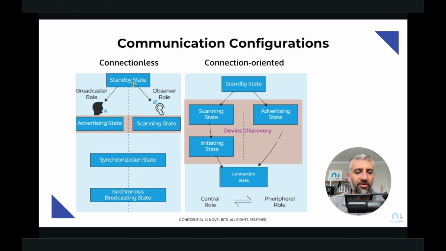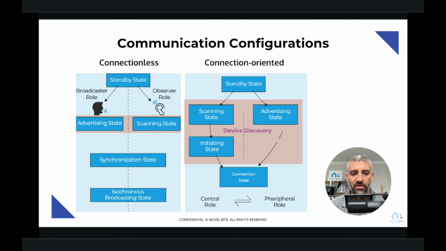So the two roles here are a broadcaster, or what's called a peripheral when it allows a connection, or an observer, or a scanner, or a Bluetooth Low Energy Central when it is also able to initiate a connection.